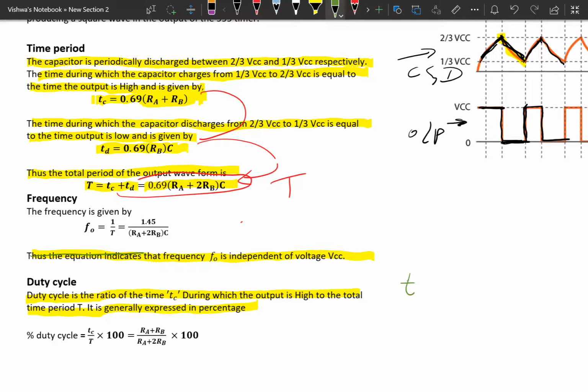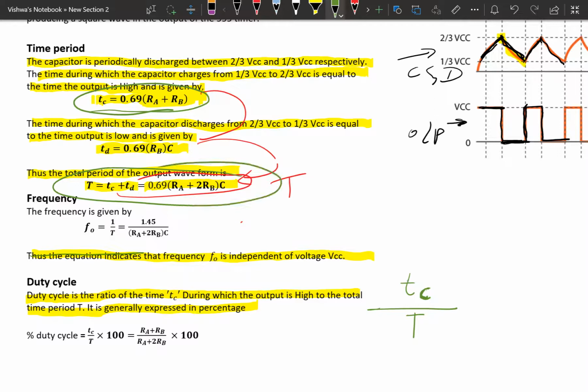The output is high when the capacitor is charging, so it is the time for charging divided by the total time. Time for charging is 0.69 (RA + RB), divided by total time, which is TC plus TD. After simplification we get (RA + RB) divided by (RA + 2RB) into 100.